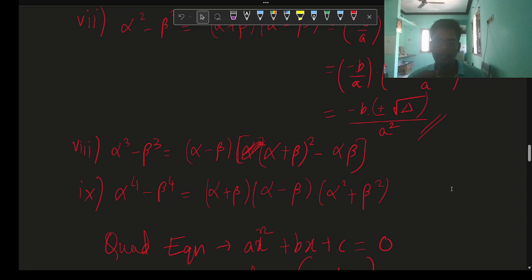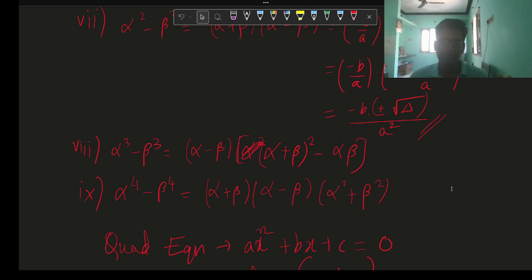And one more important thing, a quadratic equation should be of the form ax square plus bx plus c is equal to 0, where a should not be equal to 0. Why? Because if a equal to 0, then the degree would not be 2. 0x square means a term which does not exist. So the quadratic equation would be reduced to a linear equation.